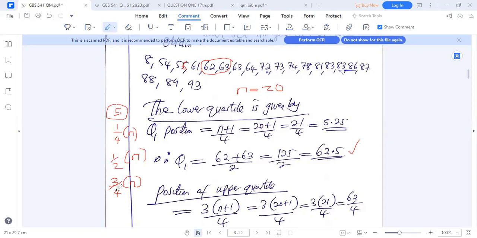Then the upper quarter is 3/4 of n. 3/4 of n is a 12th number. Can somebody tell me what are we going to do with the 12th number?